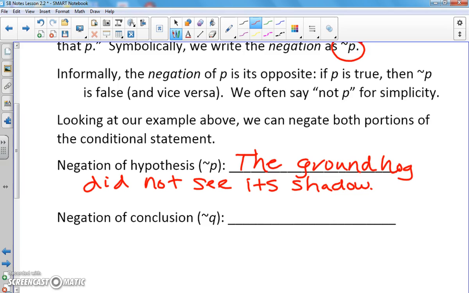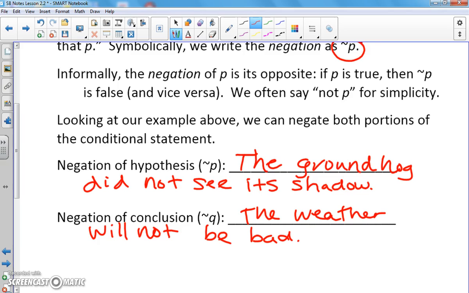So the negation of this would be the opposite of bad weather. So we can say the weather will not be bad. We can say the weather will be good. We can even say it is not the case that the weather will be bad. In general, you want to use comfortable conversational English when you do this so that your sentences make sense. So here I'm just going to say that the weather isn't bad.